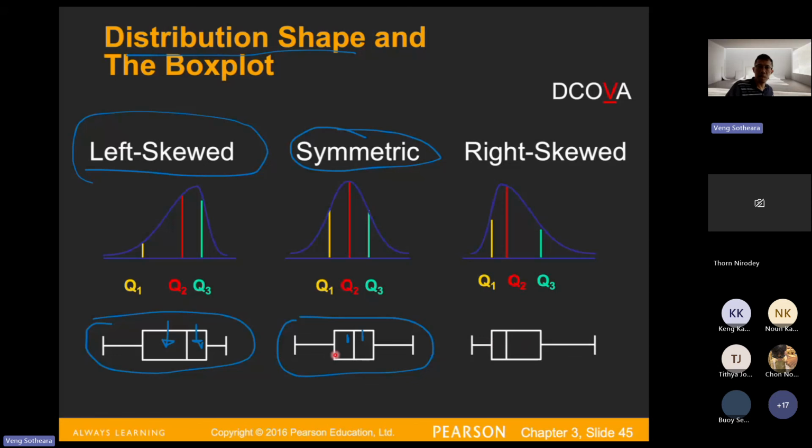Okay. How about symmetric? The rooms are equal, right? In terms of concentration.